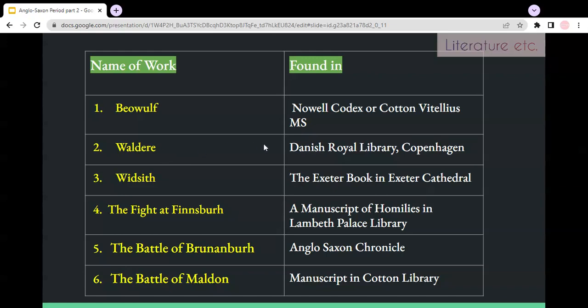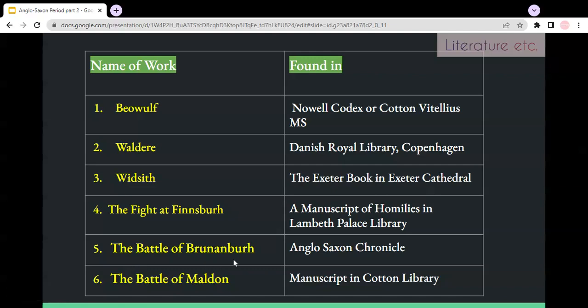Waldere was found in a manuscript which was discovered in the Danish Royal Library in Copenhagen. Widsith was found in the Exeter Book in Exeter Cathedral. The Fight at Finnsburg was found in a manuscript of homilies in Lambeth Palace Library. It is kept in Lambeth Palace Library.